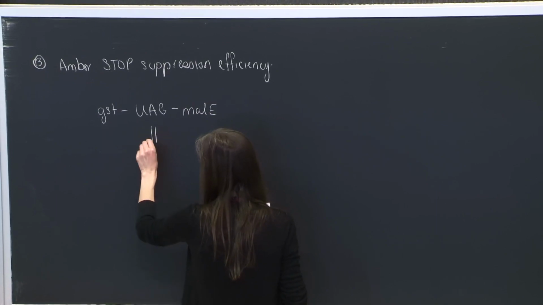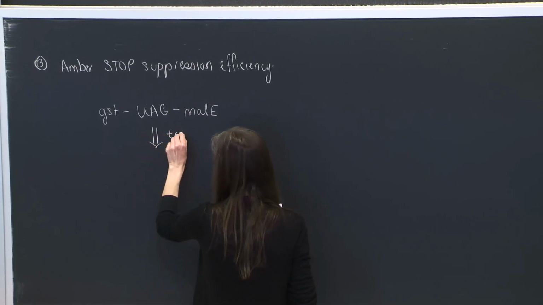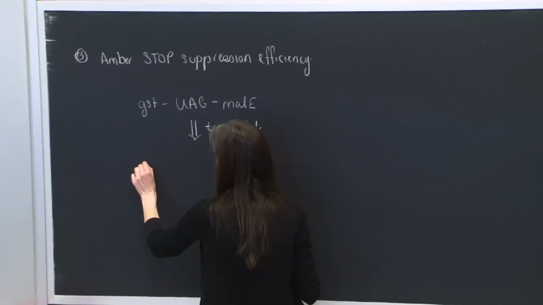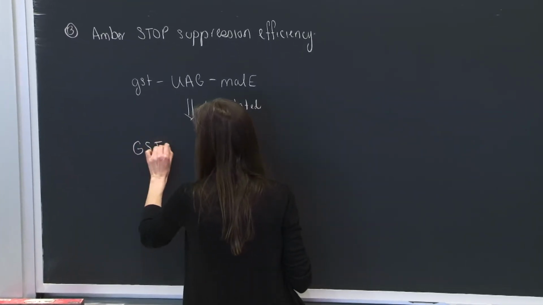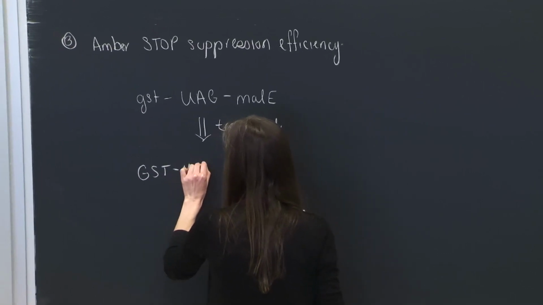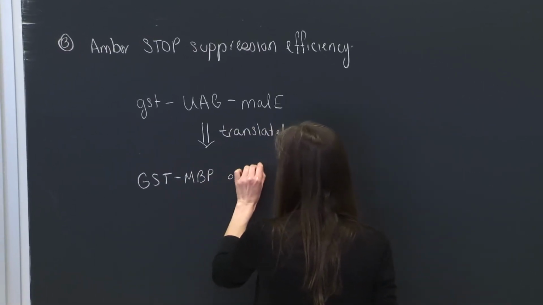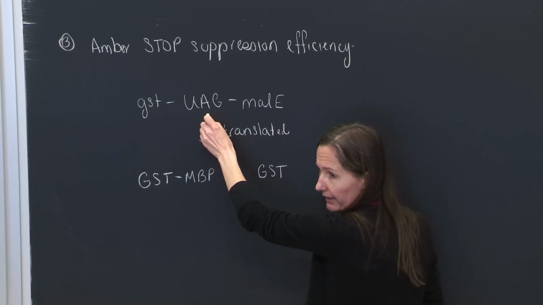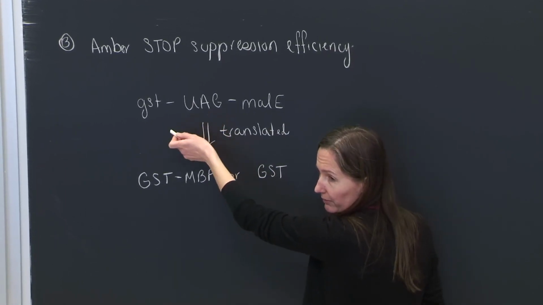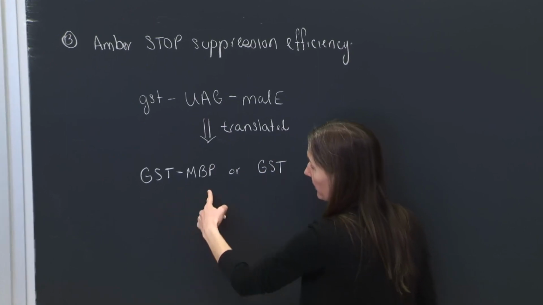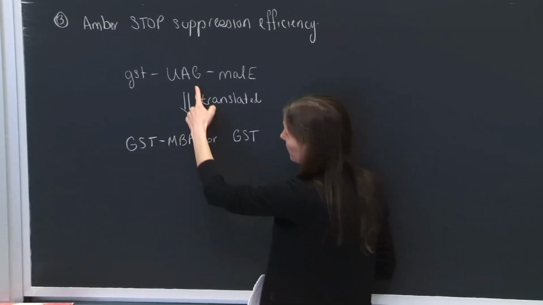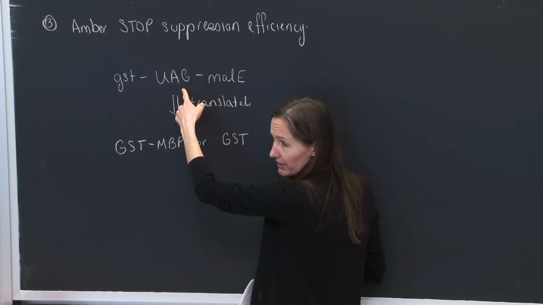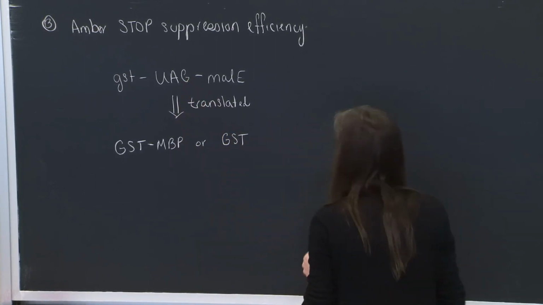So if this gets translated, the question is, do we get the GST-MBP fusion or GST, right? Because if the tRNA does its job, polypeptide synthesis will continue and we'll get the fusion protein. If release factor 1 ends up here at this position, we get termination and only GST.